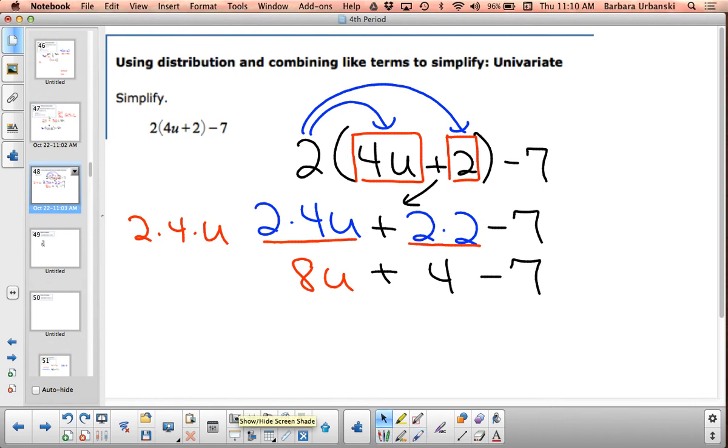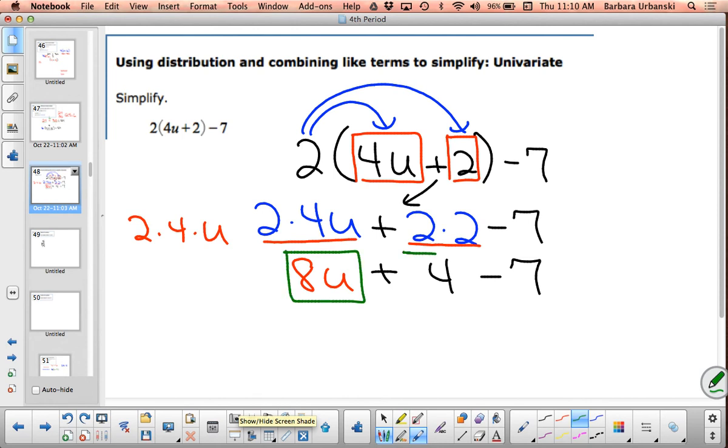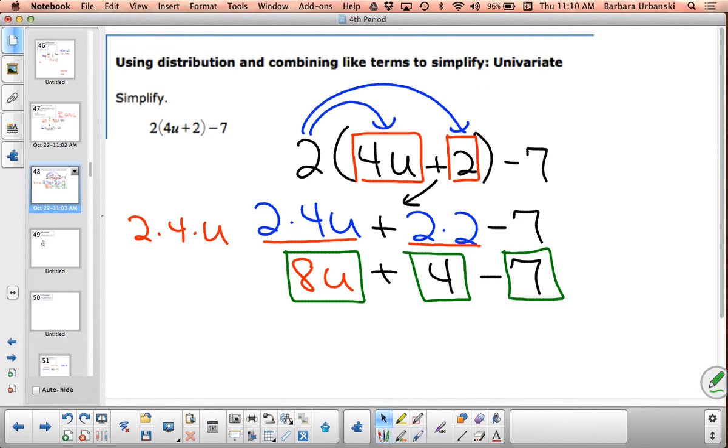Now this is when the students need to start looking at their terms. I have 3 terms. Again, terms are separated by addition and subtraction signs. I look at 8u. There are no other terms with the same last name. Therefore, the 8u will remain as 8u.